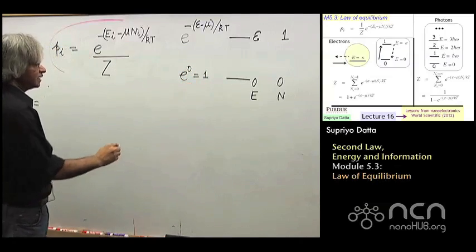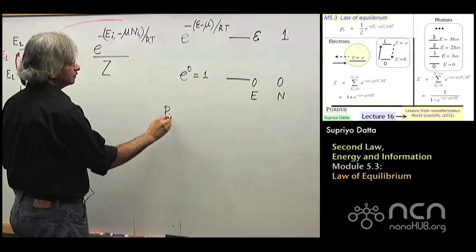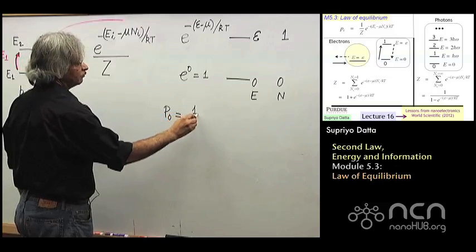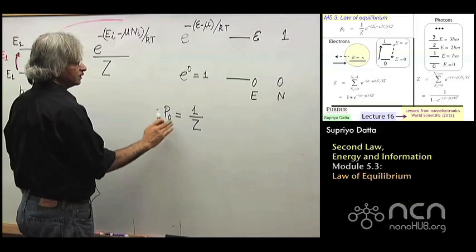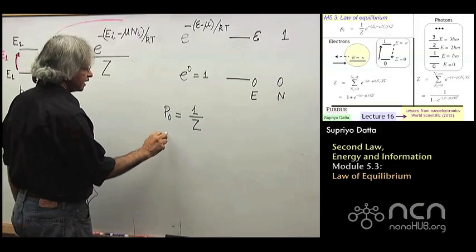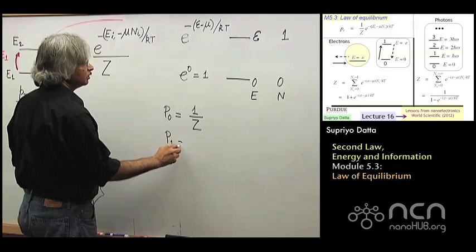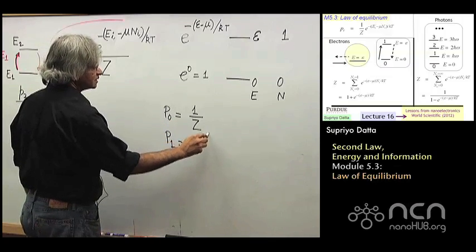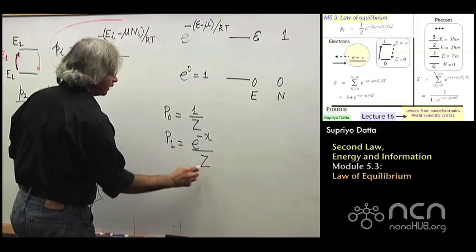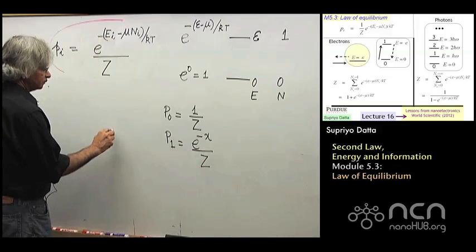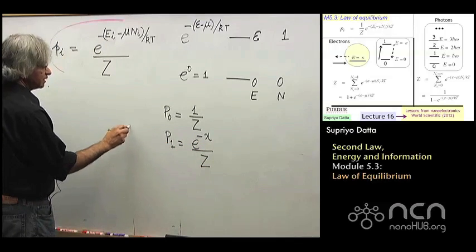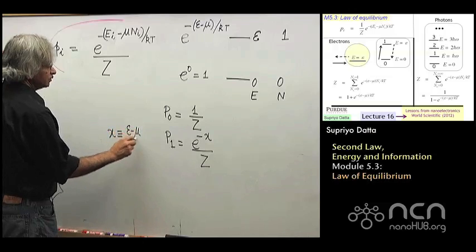So what we have then is P0 is equal to 1 over Z. That's the probability of having 0 electrons. And P1 is equal to e to the power minus x over Z, where x is defined as epsilon minus mu over kT.